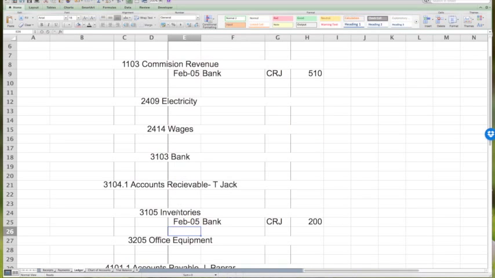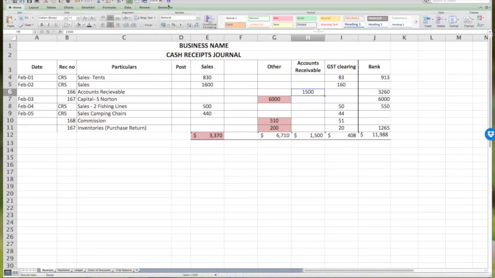So on the ledger, this transaction will go on the credit side. That's for $1,500. So we'll colour in that square so that we know we've done it.